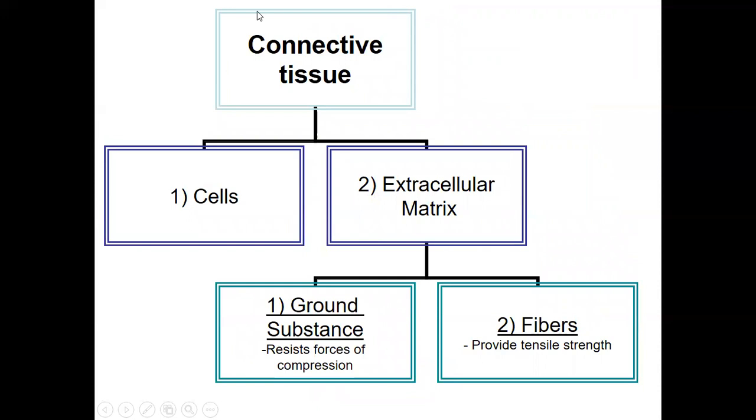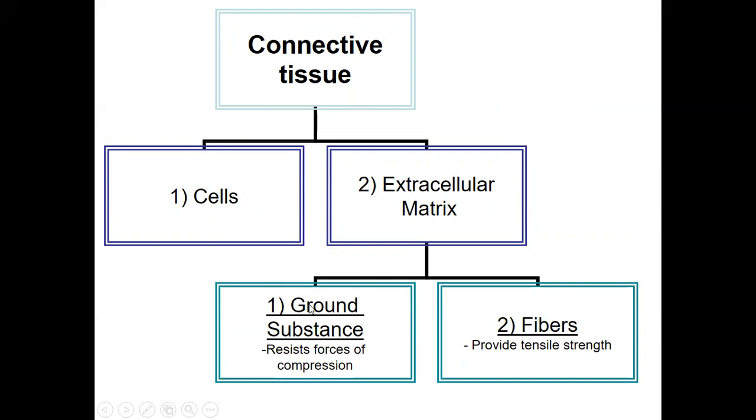Now we're going to move to the next part of my presentation regarding the connective tissue. Connective tissue has two components: the cells and the extracellular matrix. From the name, we know that extracellular means beyond the cell. Here is the cell, here is the extracellular matrix.